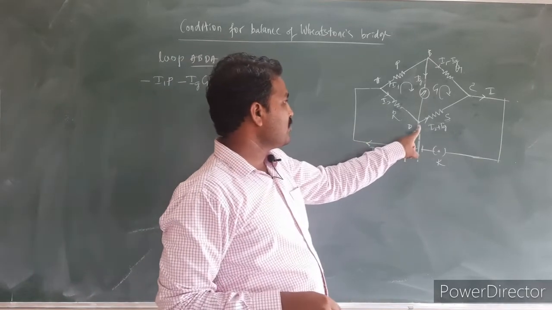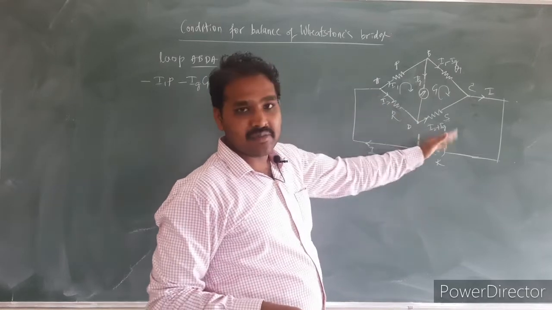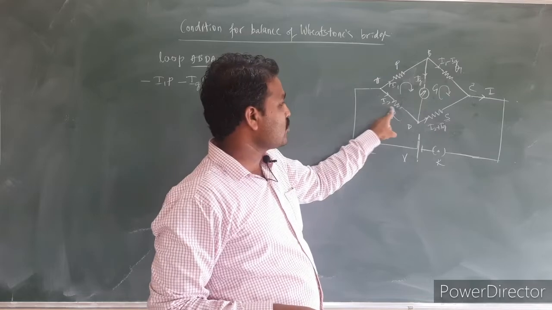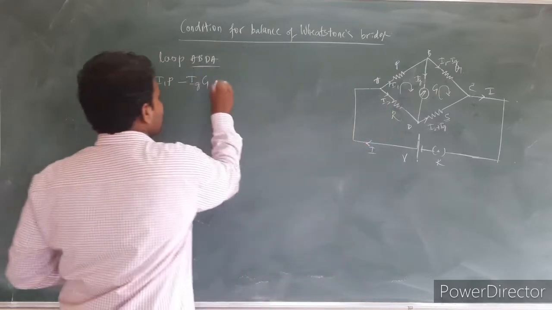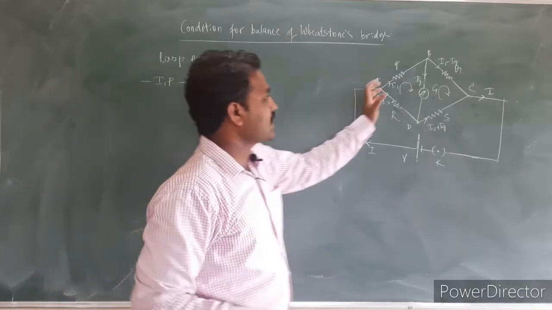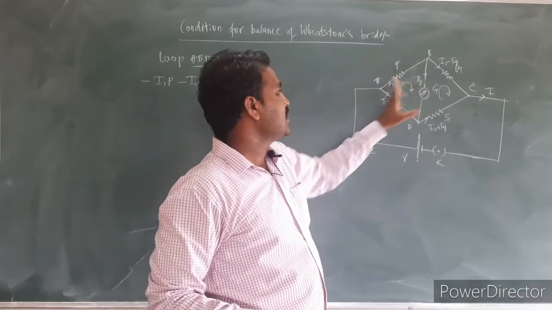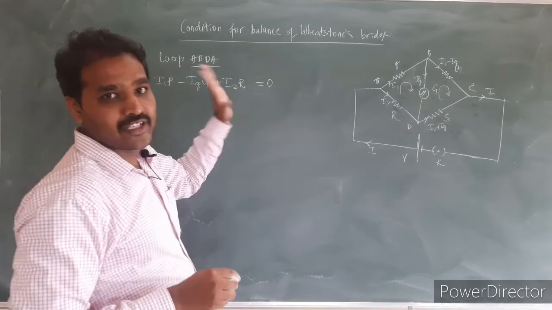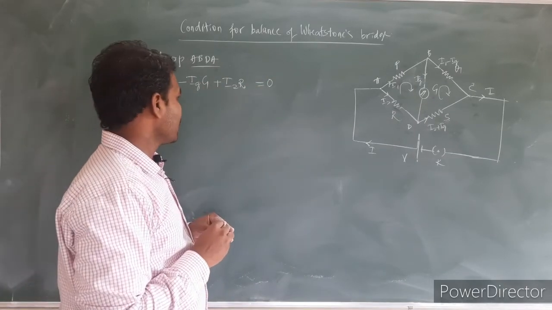Okay, then when we move from D to A, the current is coming in the opposite direction of assumption. So the potential drop because of this I2, we shall take as a plus here. So I write it as plus of I2 into R, and we don't have any cell in this path, so we do not write any EMF, and this is equal to what? 0 according to Kirchhoff's voltage law.